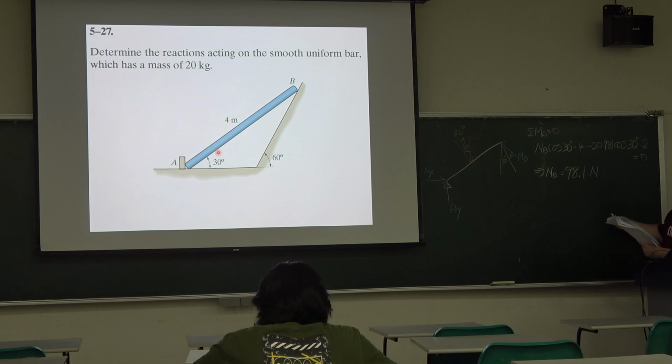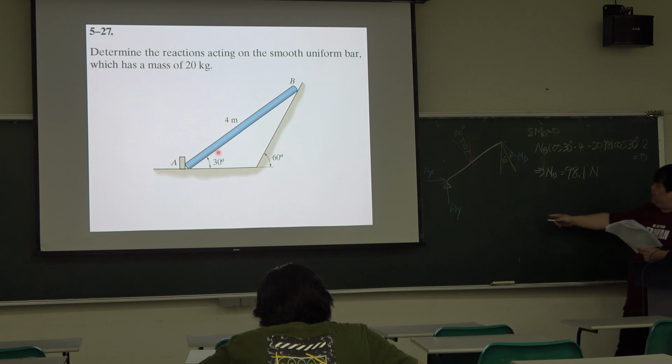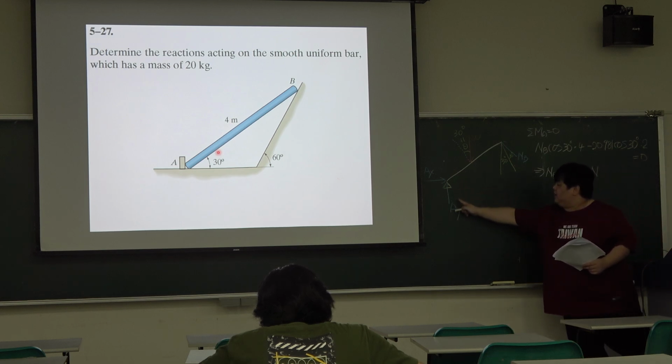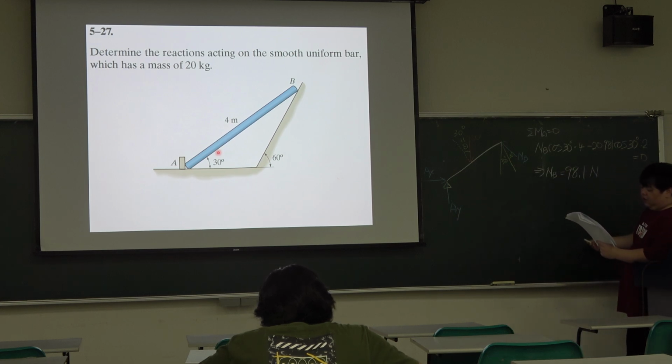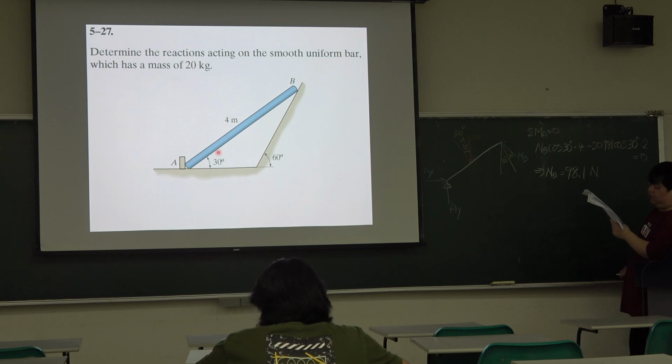So when we have the MB force, then we can very easily calculate Ax and Ay, because we use summation Fx equal to 0 and summation Fy equal to 0.